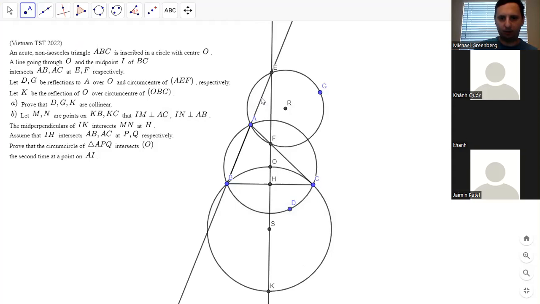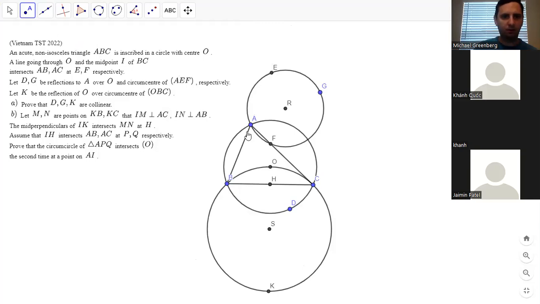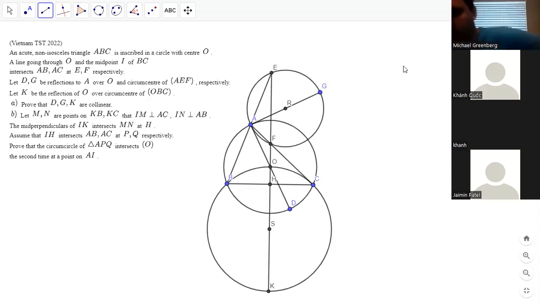All right, let me make this look a little nicer. So you have this one big line going through all three circles. AG is the diameter, AD is the diameter, and OK is the diameter. And we want to show that those are collinear. Is this 90 degrees?